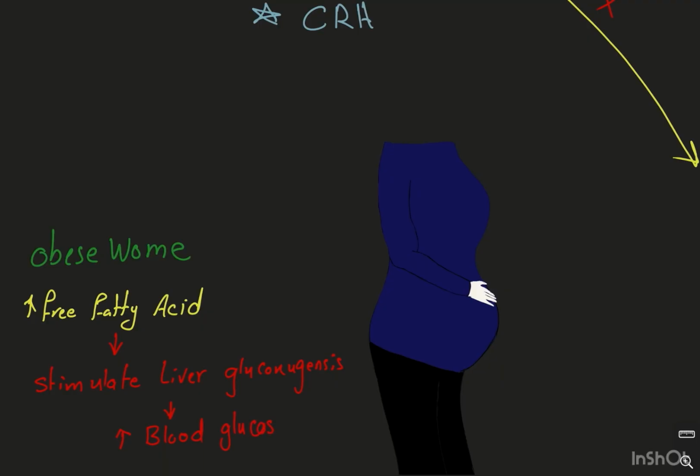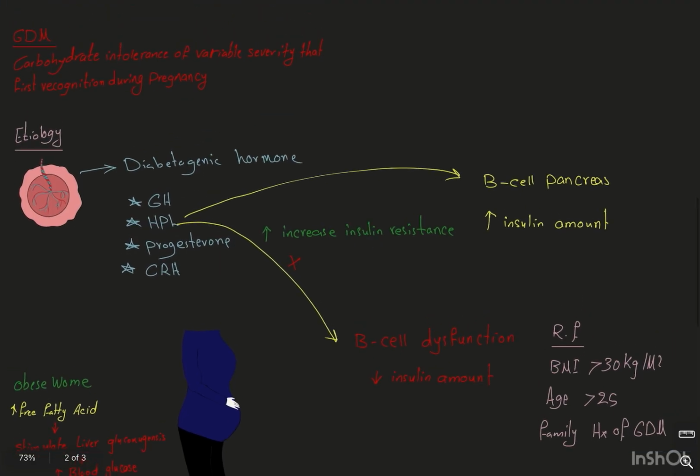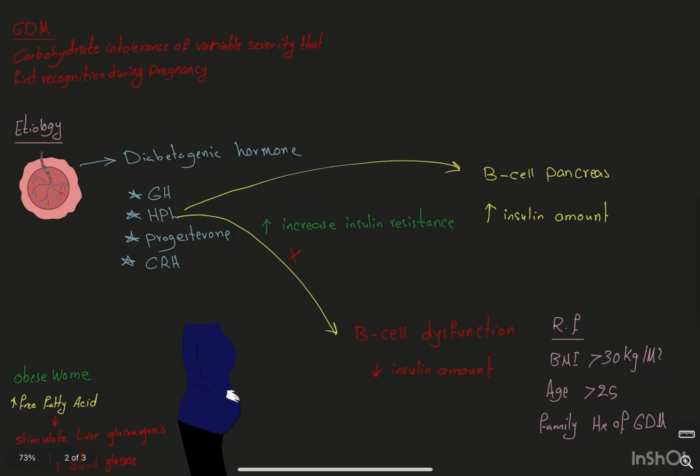That's why we end up with hyperglycemia, because of insulin resistance that already happens normally during pregnancy, and also due to increased glucose level: when free fatty acids enter the muscle cell, they block the signaling, and when they enter the liver cell, they release more glucose by gluconeogenesis.